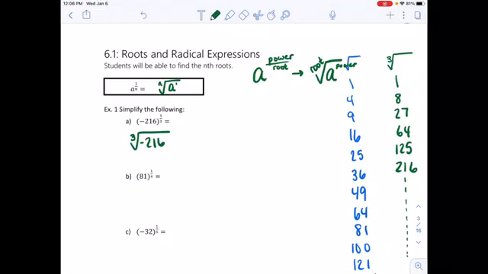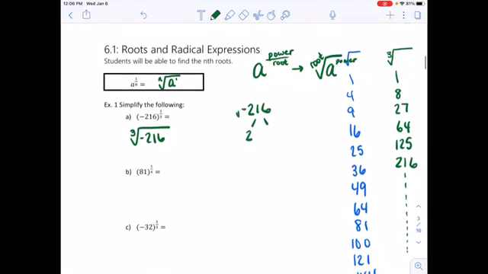Or if you don't want to check using a calculator or don't have a calculator available to you, just find all the prime numbers that go into this. So we have 2, negative 2 I will say, and then 108, and then keep going, 2 and 54, and 2 and 27, and then 3 and 9, and 3 and 3.